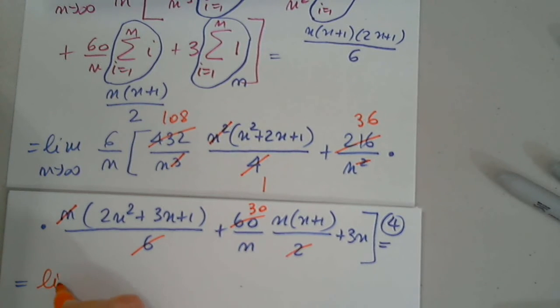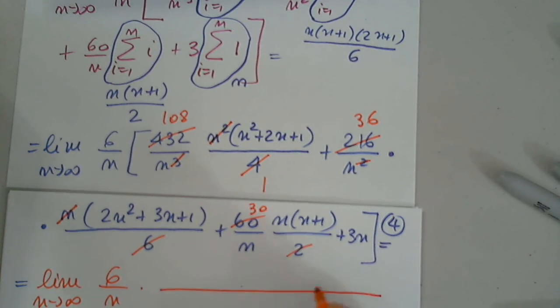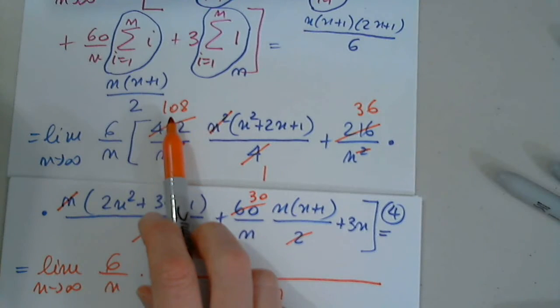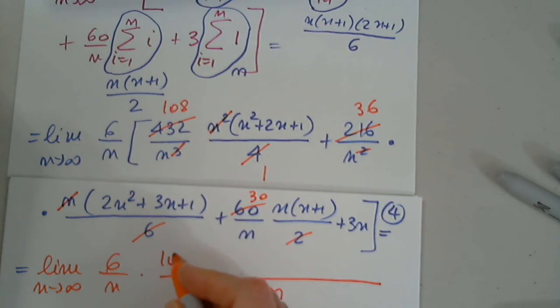So now I have limit as n approaches infinity, 6 over n stays in front. The least common denominator is n, and I will distribute 108 here: 108n squared plus 216n plus 108.